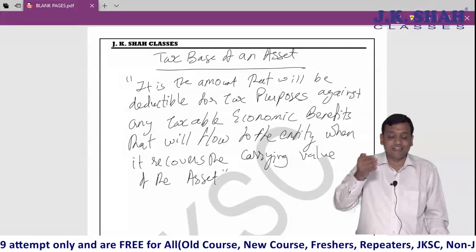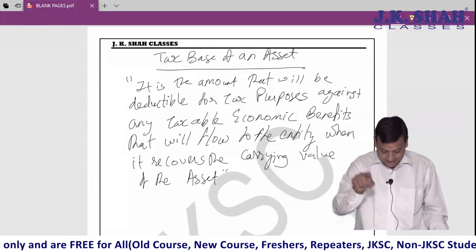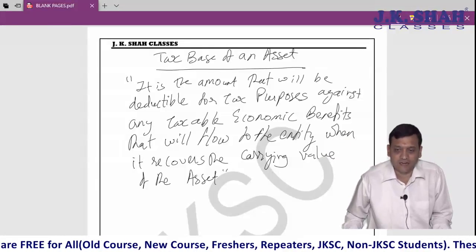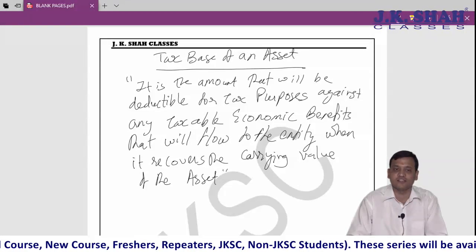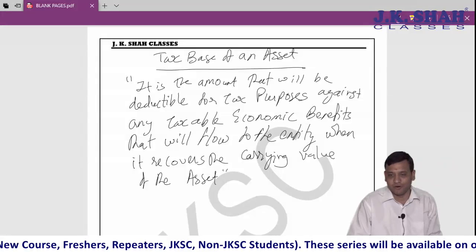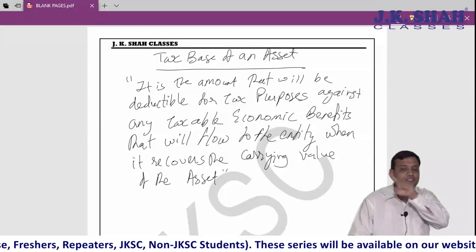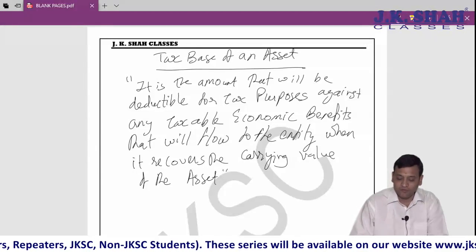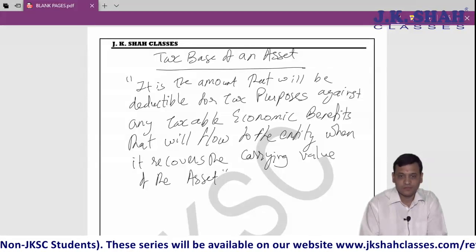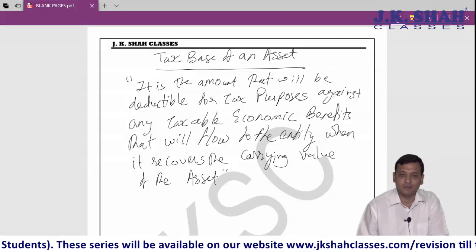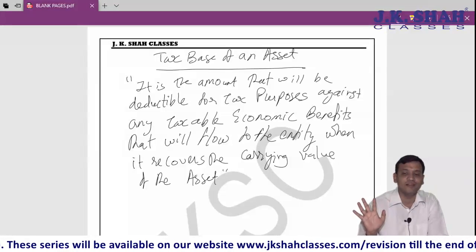Because the asset is recovered or the liability is settled. If I am talking about tax base of an asset, the asset will be recovered. And because this asset will be recovered, what will happen? For tax purpose, that amount will be deductible.